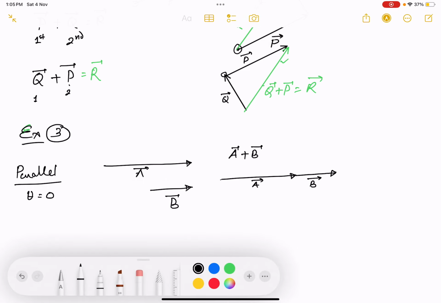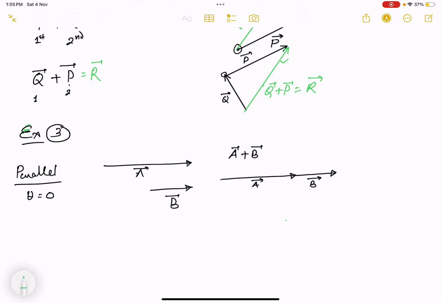So we generally draw it slightly shifted in such cases. We can draw it, because a vector can always be translated. तुम वेक्टर को मूव कर सकते हो, उसकी मीनिंग नहीं चेंज होती, तो तुम थोड़ा ऊपर बना सकते हो. So from the tail of A to the head of B, this becomes my A plus B vector.